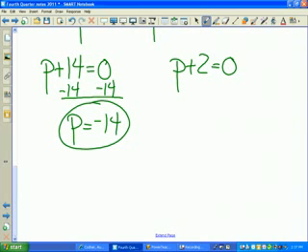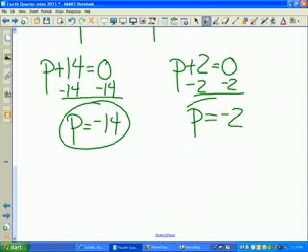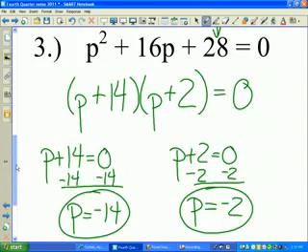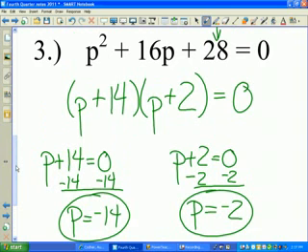So that's one of my solutions. And then over here, we're going to subtract 2 on both sides. So I have p equals negative 2. So this is telling me that negative 14 and negative 2 are the two values to make our original equation equal to 0. Okay?